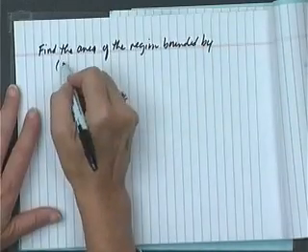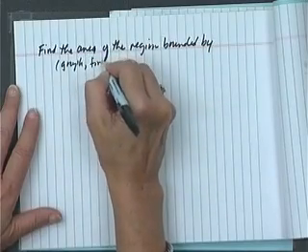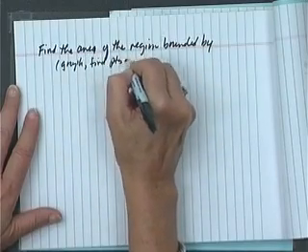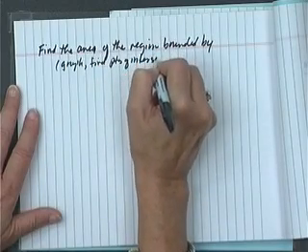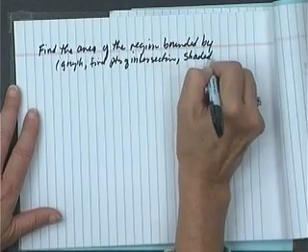And I usually say graph, find points of intersection, shade bounded region.